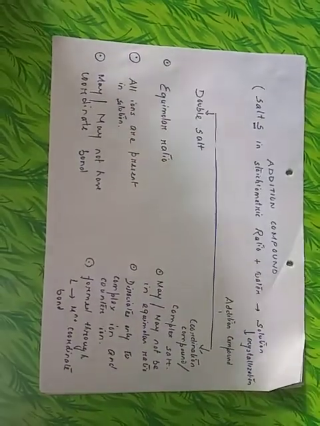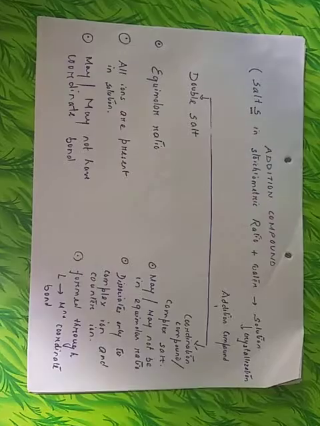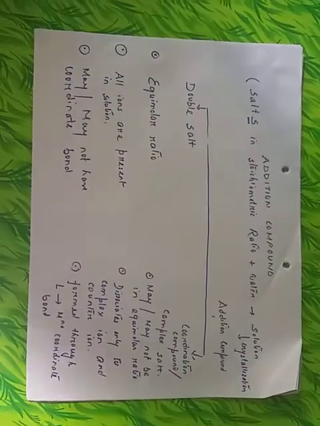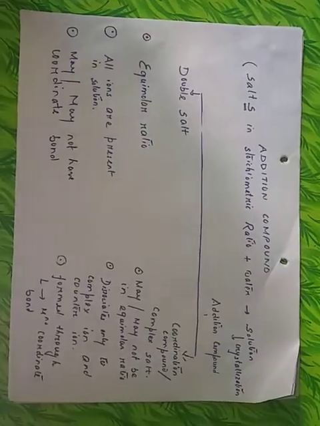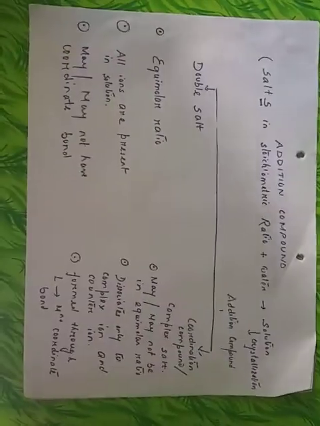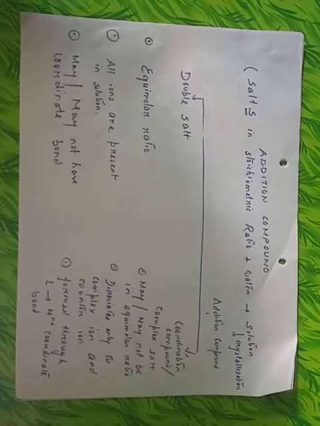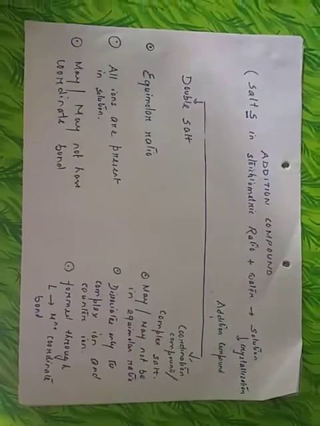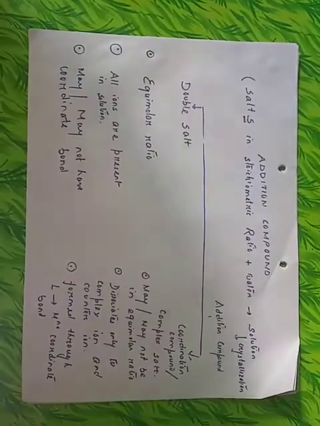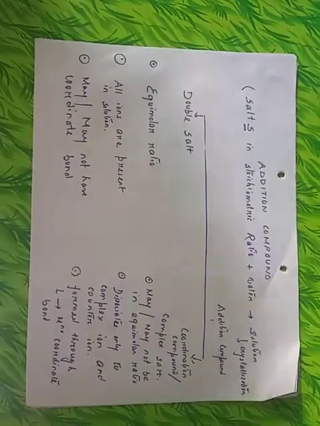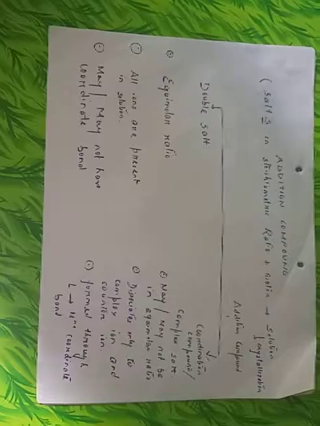Difference between a double salt and a complex salt, Werner's coordination number theory. Next is the bonding approach: valence bond theory and crystal field theory to describe the bonding, structure, and various properties of coordination compounds.